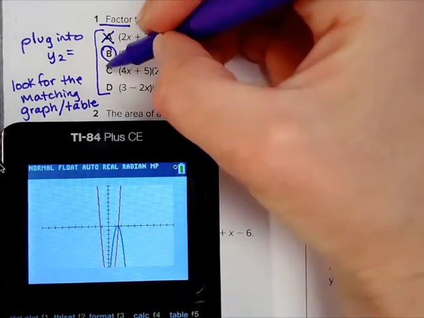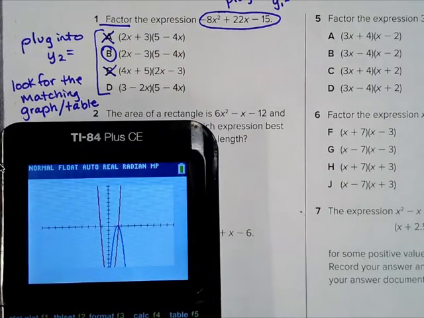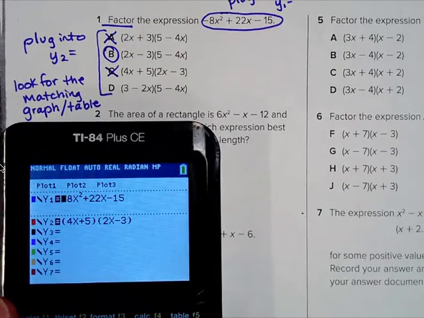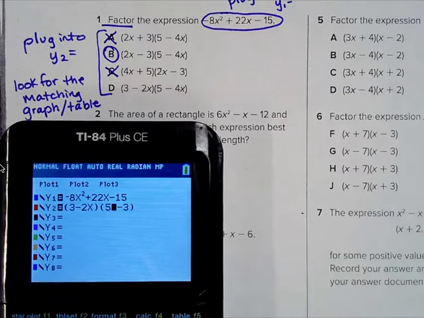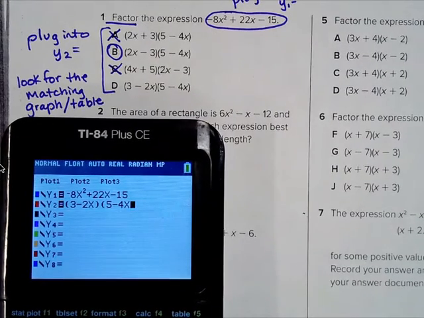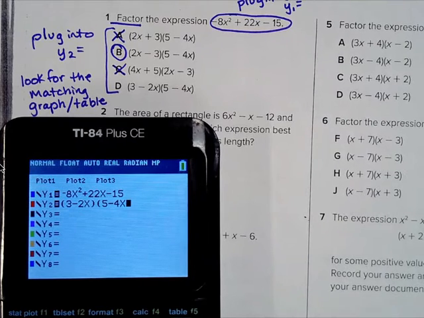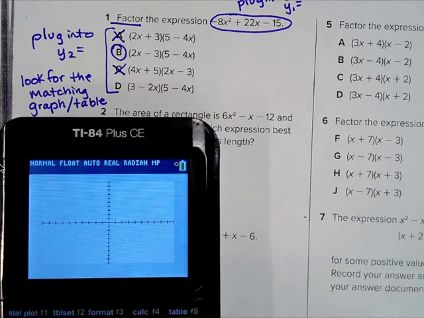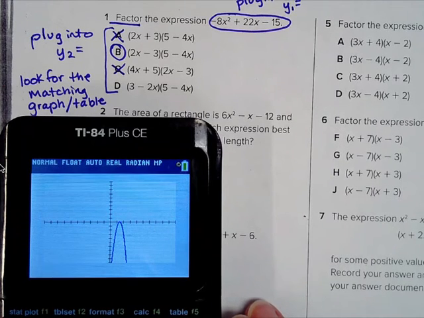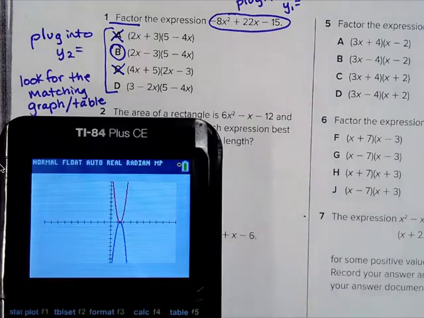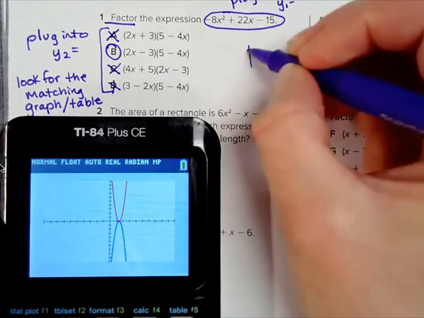And that's a no. And do D. All right, and that is not it either. So we were correct in saying B was the correct answer.